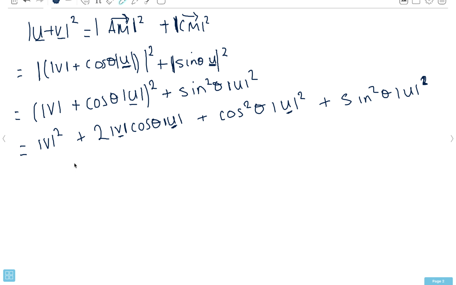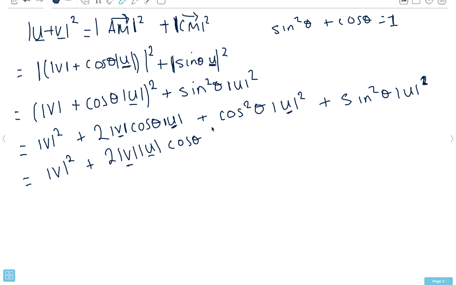And now, if you look at this part, we can factor out a mod u squared, and we know that sine squared theta is equal to 1. So I'm going to skip a bit of a step. So we have mod v squared plus 2 mod v, I'll put the mod u there, cosine theta plus mod u squared.